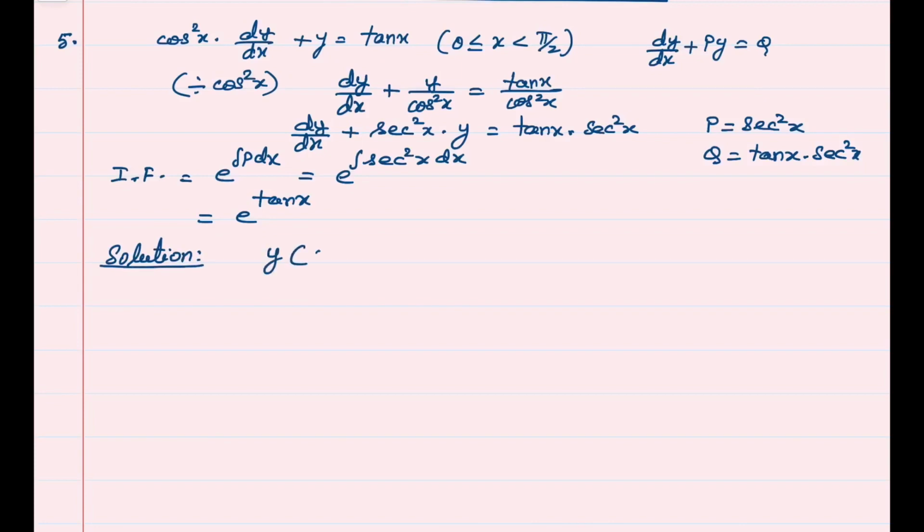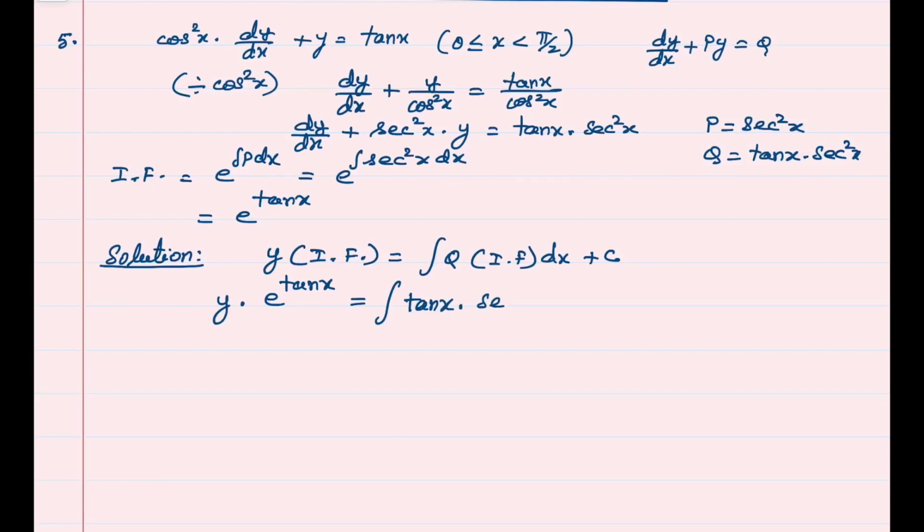Y times the integrating factor equal to integral q times integrating factor dx plus c. We will substitute for the integrating factor, which is e power tan x, equal to integral q, which is tan x times secant square x, and integrating factor, which is e raised to tan x, dx plus c.